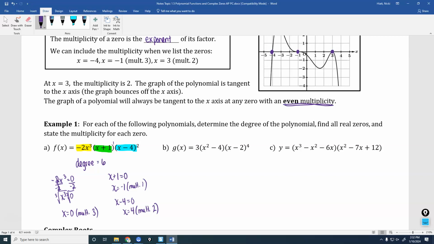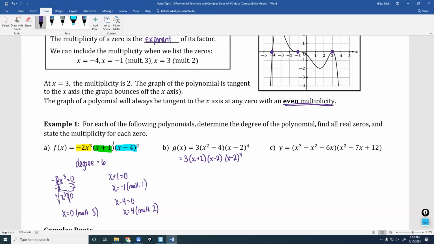So if we do the next part, we have 3 times x squared minus 4 times x minus 2 to the 4th power. Now, this one's got a little bit of a trick to it, because x squared minus 4 will factor further. That is a difference of squares. So we could factor that into x plus 2 times x minus 2.